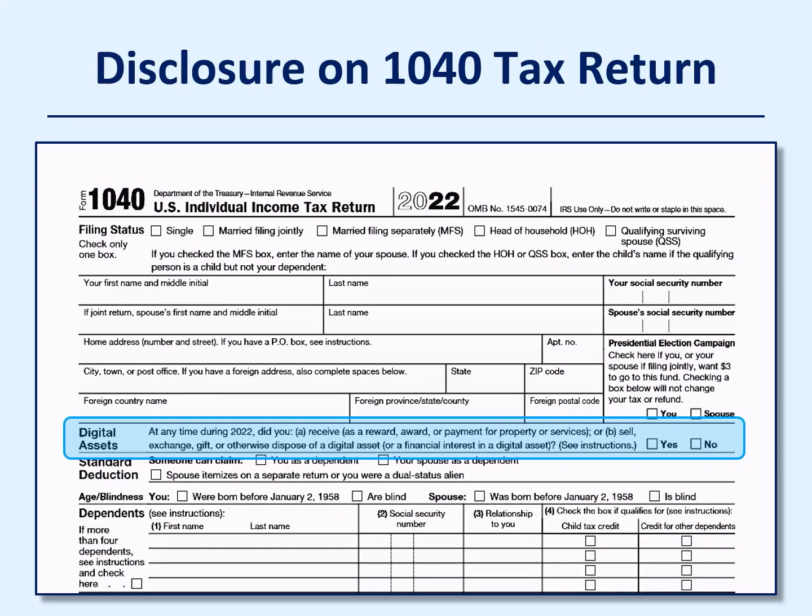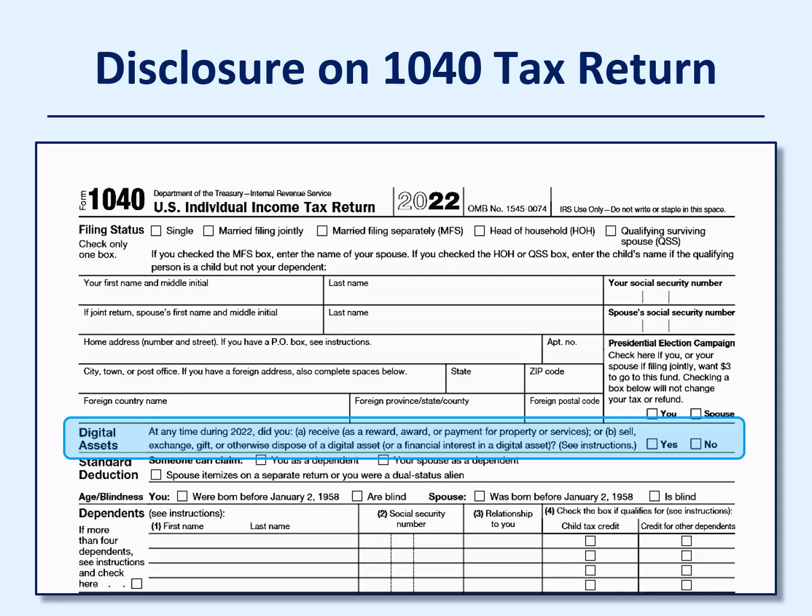A key takeaway of this video is, regardless of whether you are involved with digital assets or not, there is a reporting requirement on the individual tax returns that needs to be addressed regarding digital assets. This isn't necessarily anything new for 2022, as in prior tax years there have been questions asking whether you've held or been transacting in virtual currency.